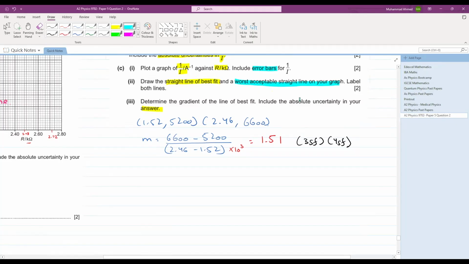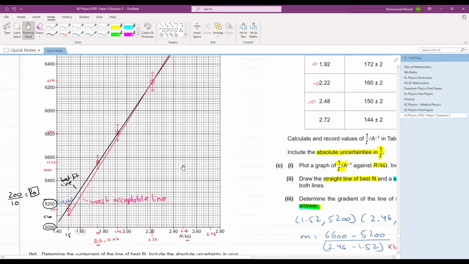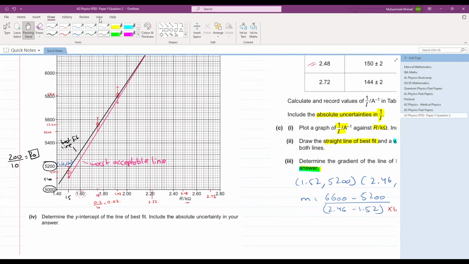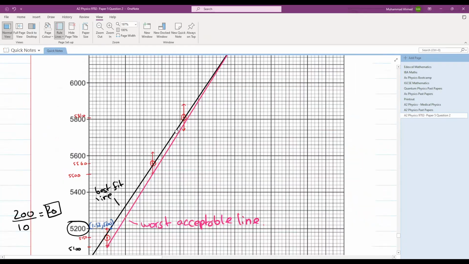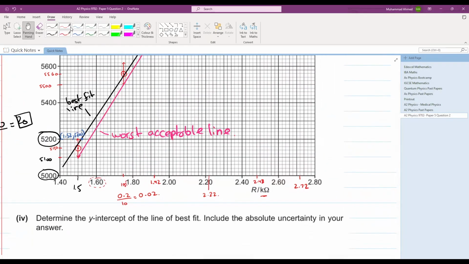Now, how will you calculate the absolute uncertainty in your answer of gradient? Very, very easy. You will first of all calculate the gradient of the worst acceptable line. Again, take 2 points. The 2 points that I find reasonable here: this one, that is 1.6 in the x-axis and this will be 5260.